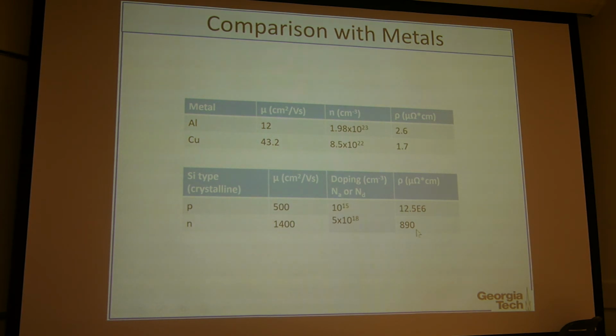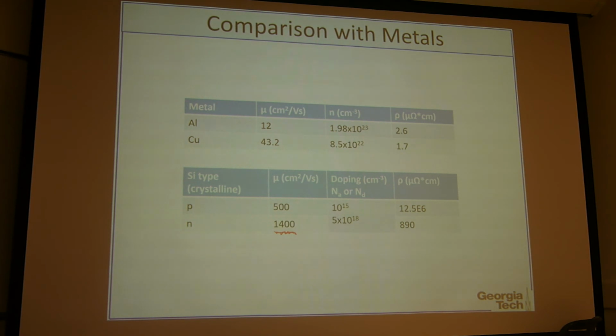Something like this. But this number actually is not correct. As we will discuss in the next lecture, lecture 6, the mobility here is not correct, because what I showed here is the mobility for undoped intrinsic silicon. With doping, this mobility will change. But let's say to the first order, we assume it is the same. Then you can multiply mu n and q, then 1 over that, you will get the resistivity here.